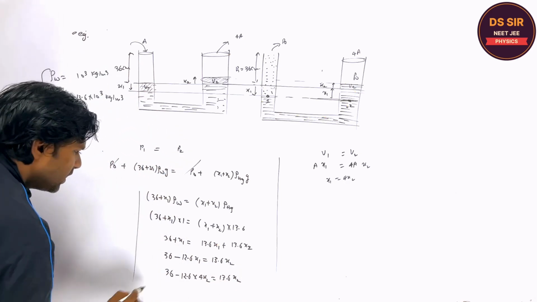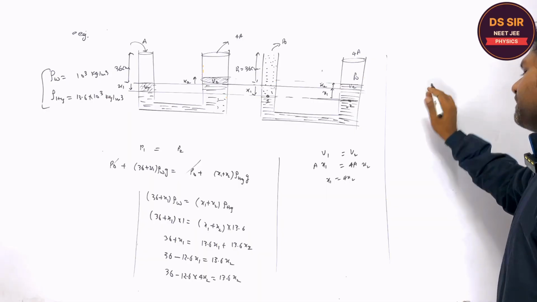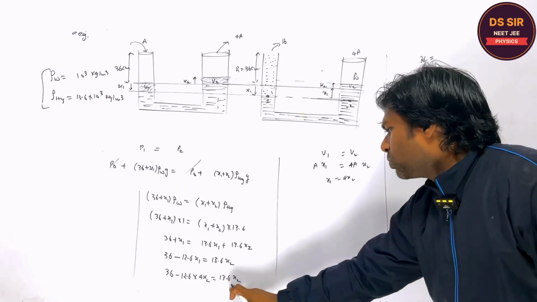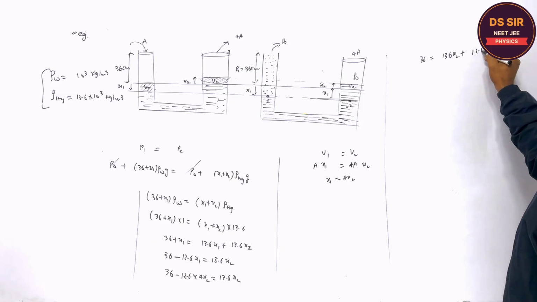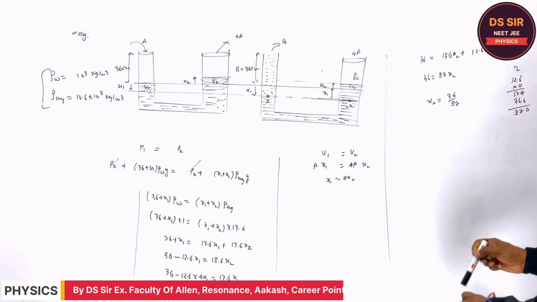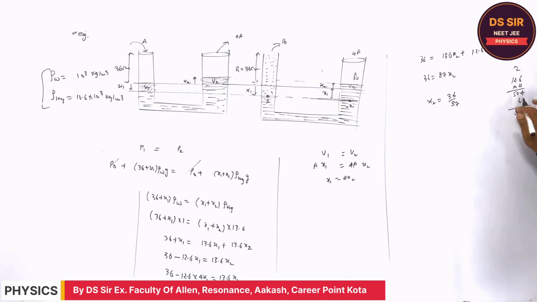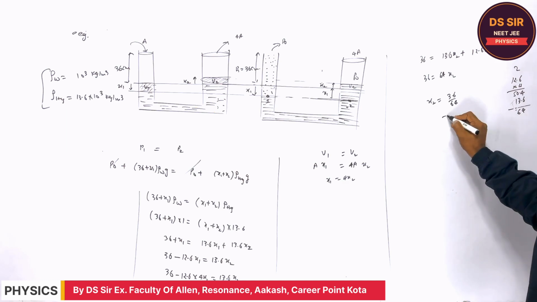Now I will simplify this. 36 is equal to 13.6x2 minus 4x2. Initially this calculation was a little wrong. This is 13.6, and 13.6 minus 4 gives 9.6, so please make it correct first of all, and write 0.56 centimeter is the correct answer.